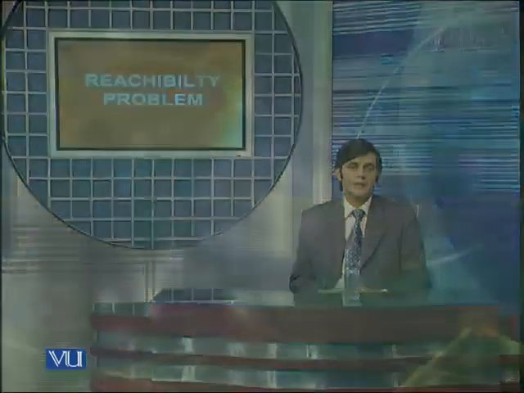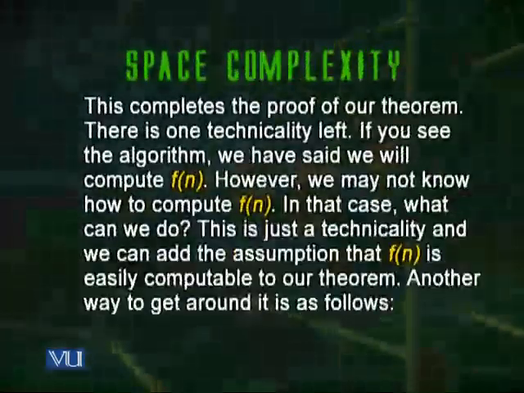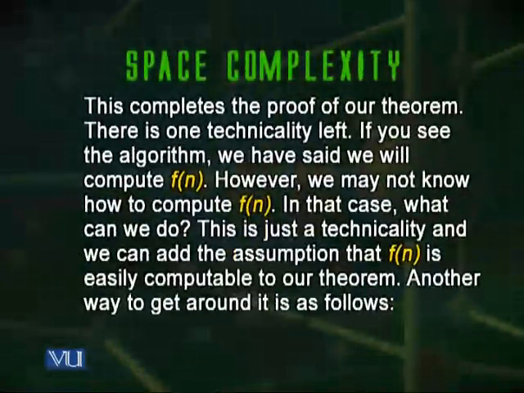However, there is a slight technicality that is left and that I want to address in the last few minutes of this lecture. If you see the algorithm, we've said that we'll compute f of n. However, we may not know how to compute f of n. f of n may be an extremely difficult function to compute because it may not be a simple function.